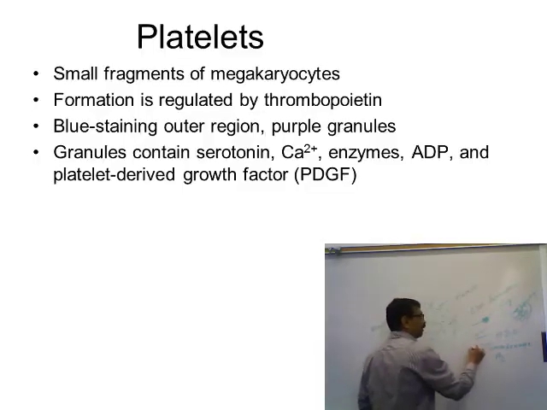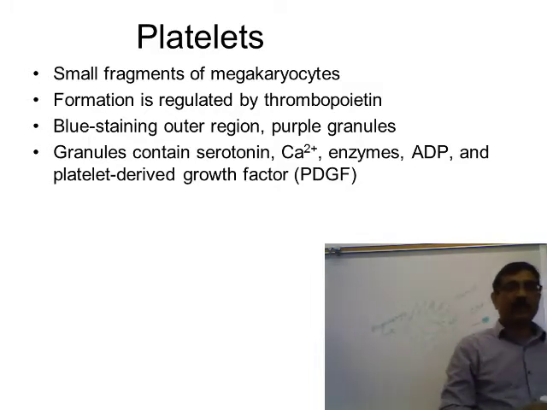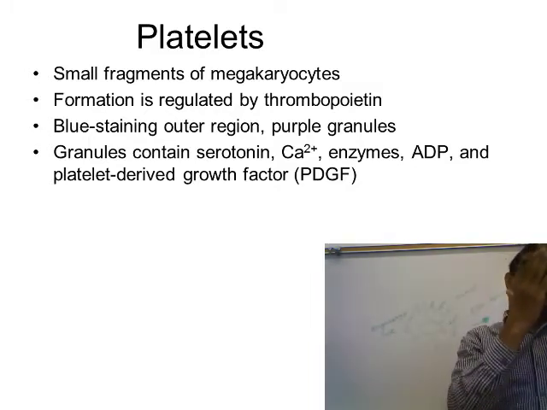Two chemicals are important to make their surfaces sticky. One is called ADP and another is thromboxane A2. So these two chemicals make the surface of the platelet sticky when they get attached to the rough surface.